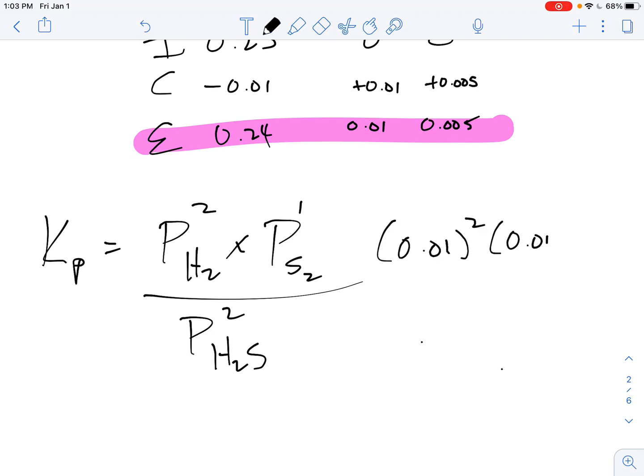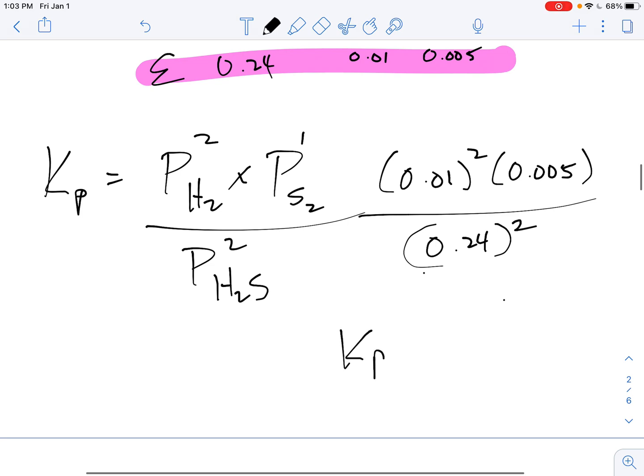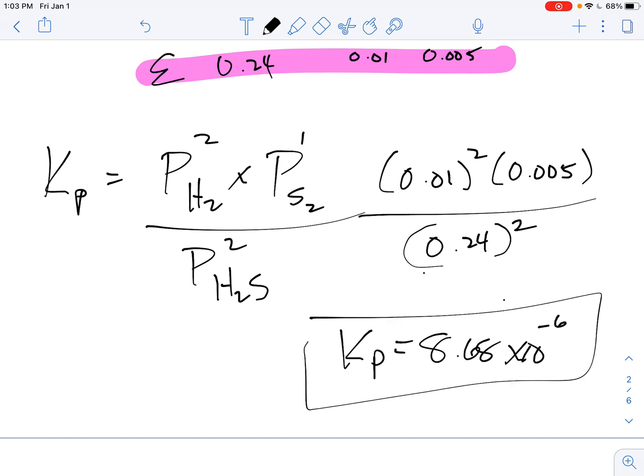And so you end up with then 0.01 squared, 0.005 divided by 0.24 squared. So when you plug all of your numbers in, you should get about 8.68 times 10 to the negative 6th as your answer.